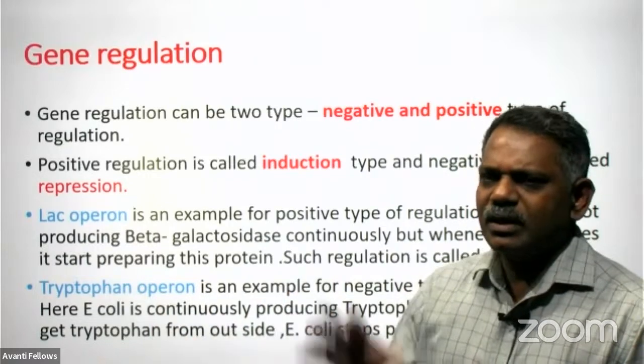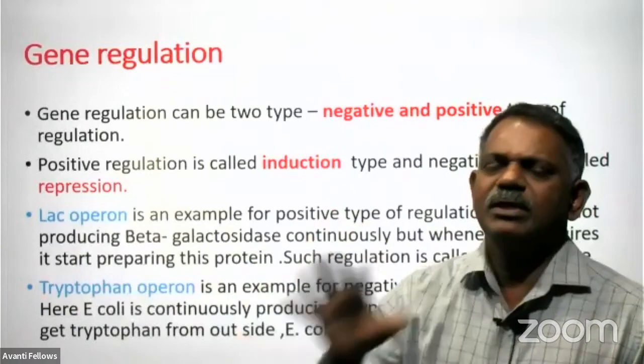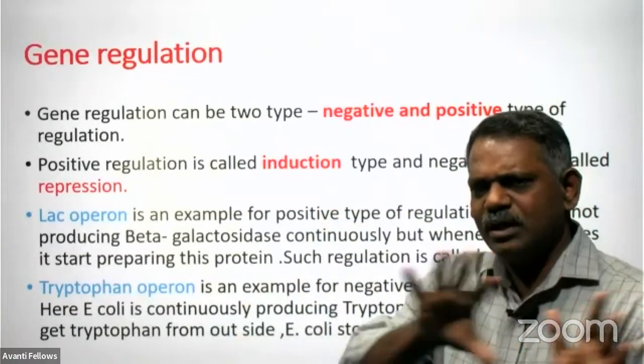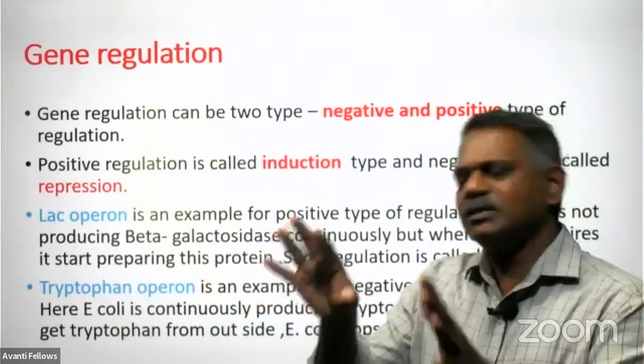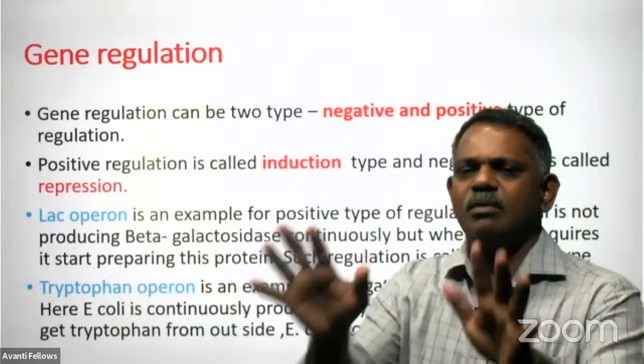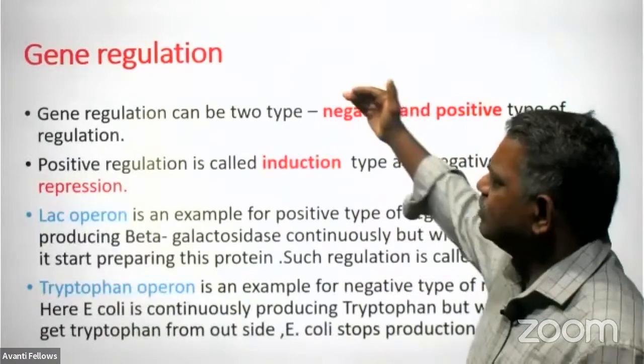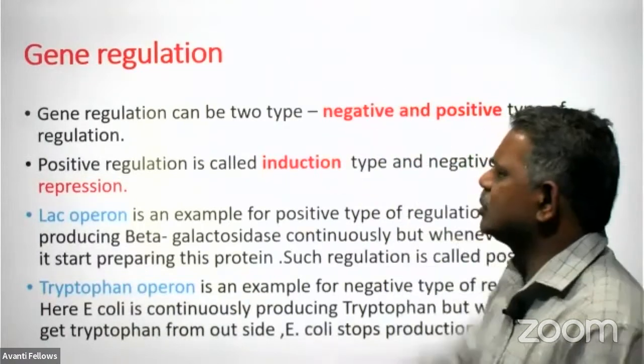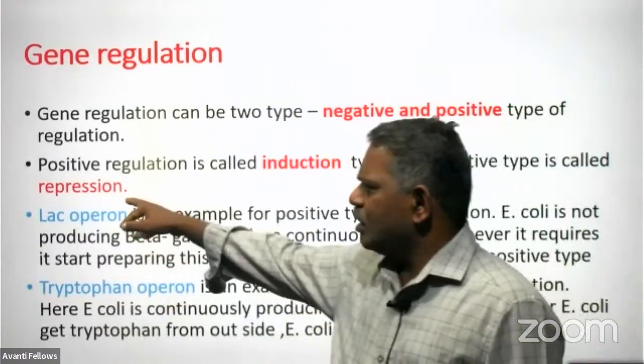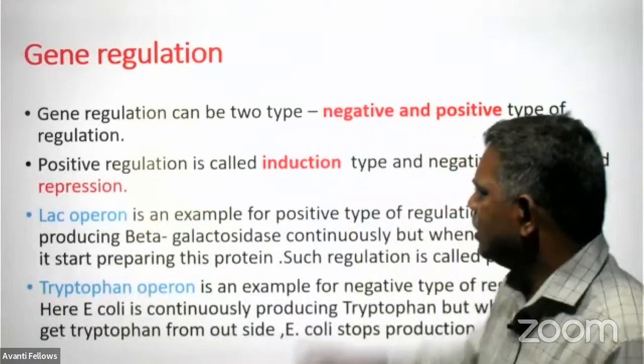So what happens? The gene stops the production of tryptophan inside. Continuously it is producing, but whenever it is getting it from outside, it stops its production. That is the negative way of gene regulation, and that we call repression.